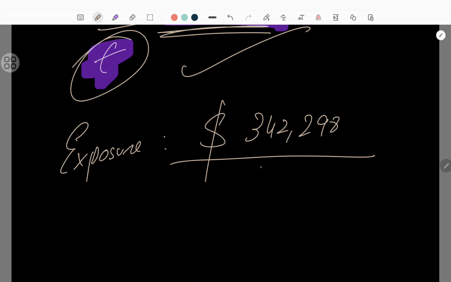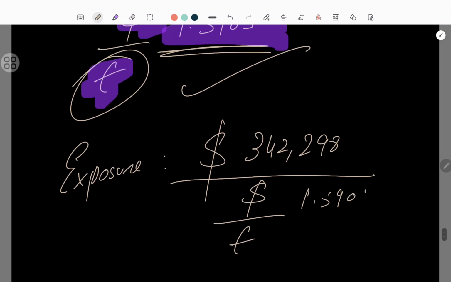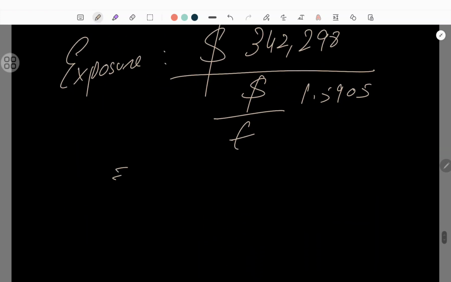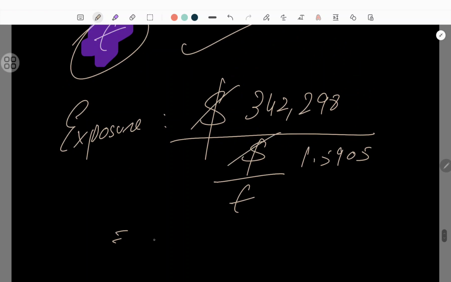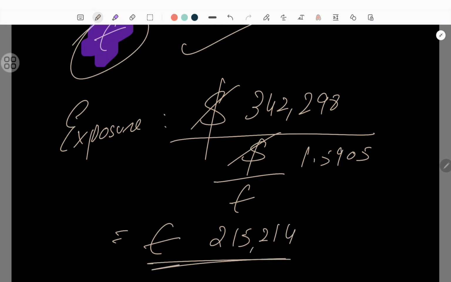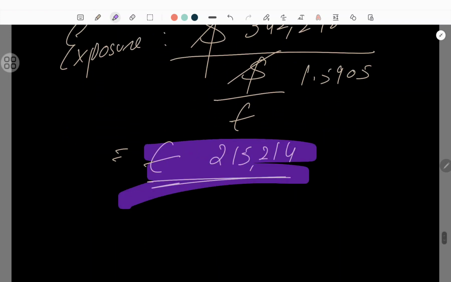See, dollar 342,298 divided by dollar by pound, 1.5905. When you solve this, dollar goes, you get pounds, how much? 215,214. This is the pound equivalent that you get, correct?